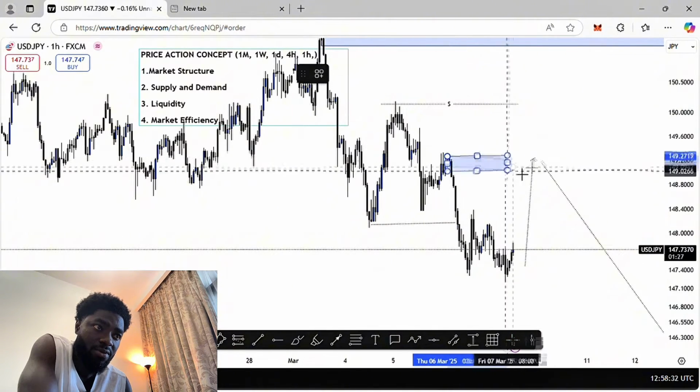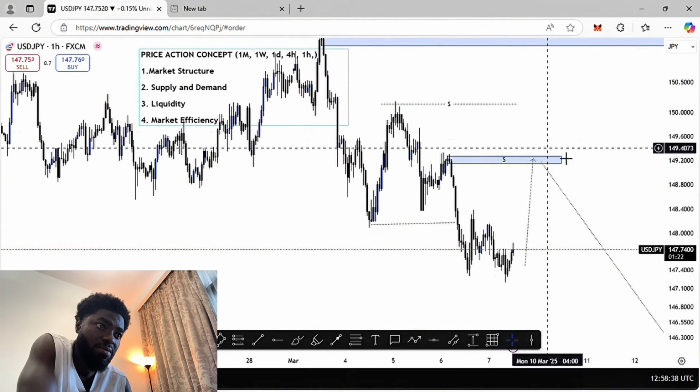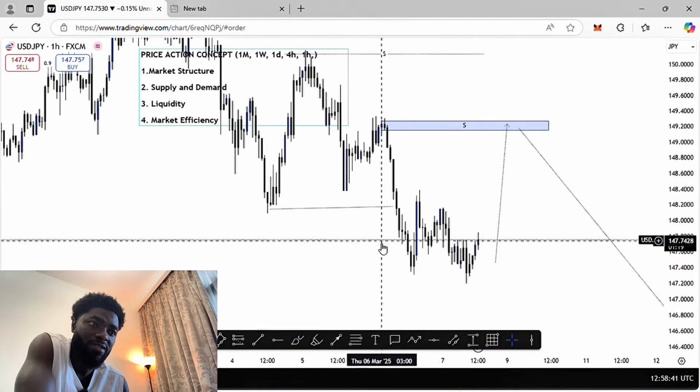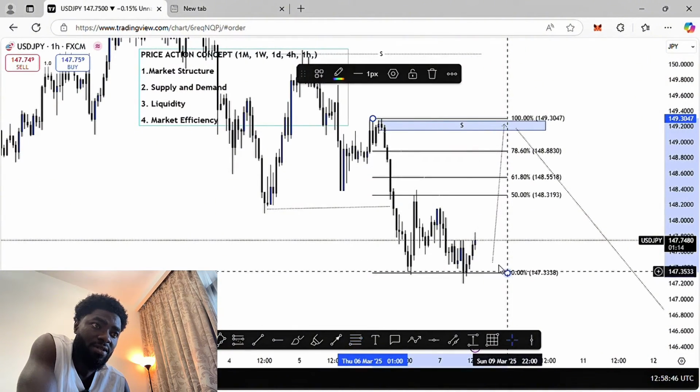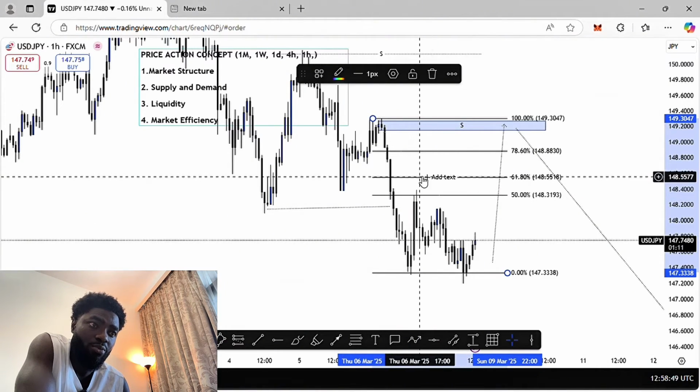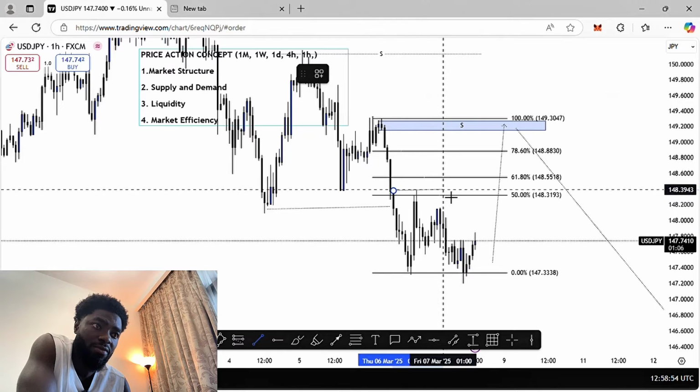And definitely this becomes my inefficient pullback, making this a liquidity zone for me.